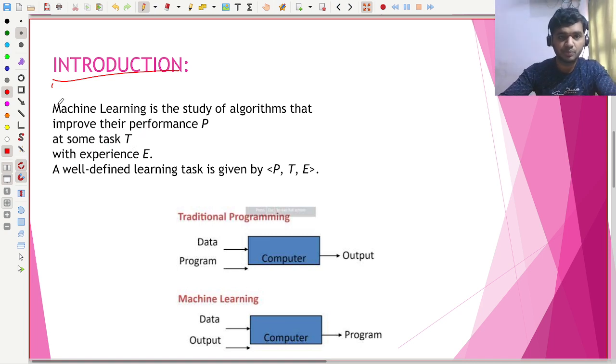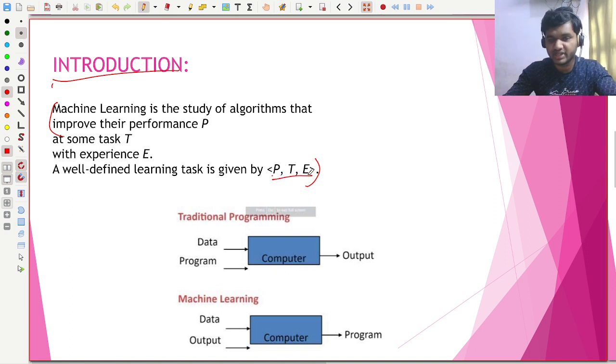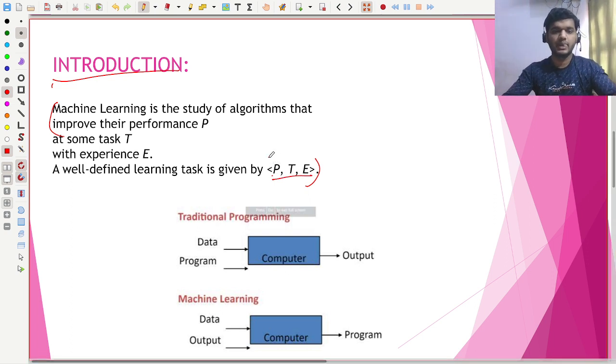A simple definition to remember is PTE: P means performance, T means task, and E means experience. Machine learning is the study of algorithms that improve their performance P at some task T with experience E.